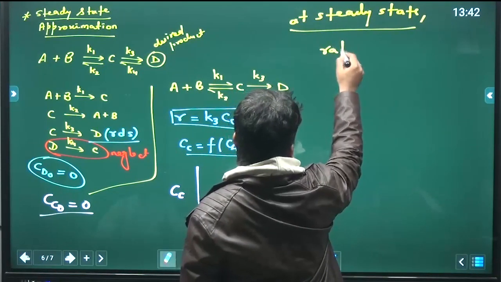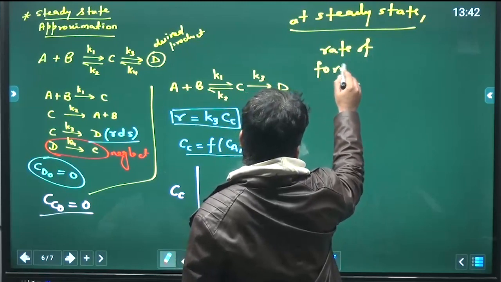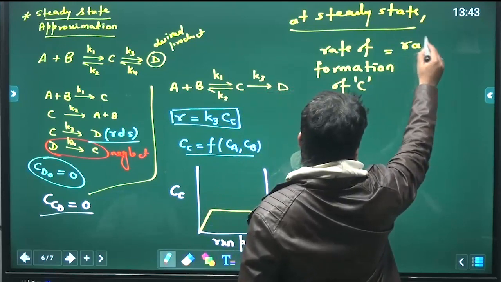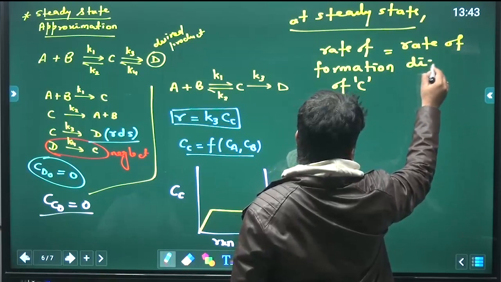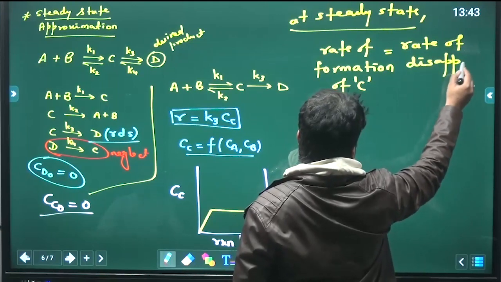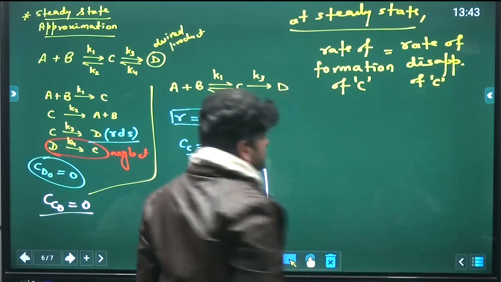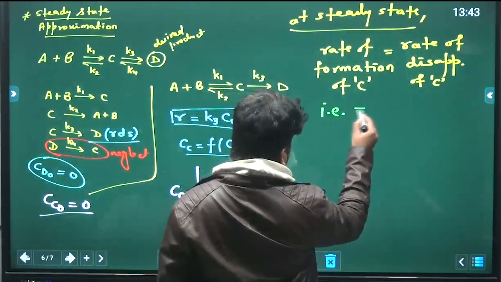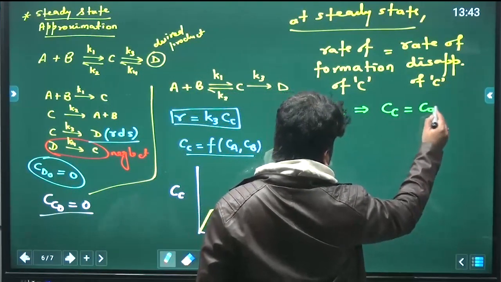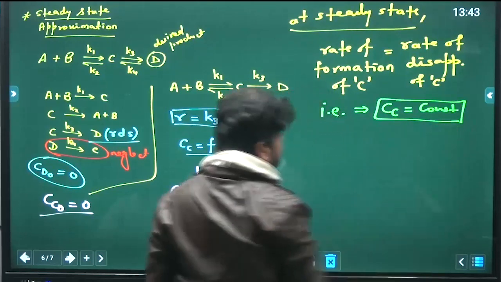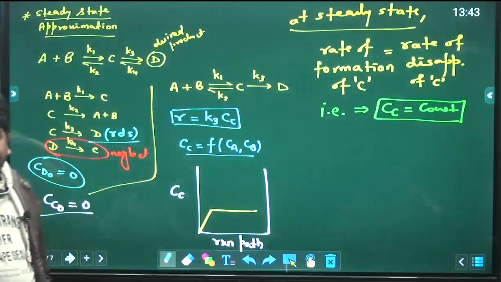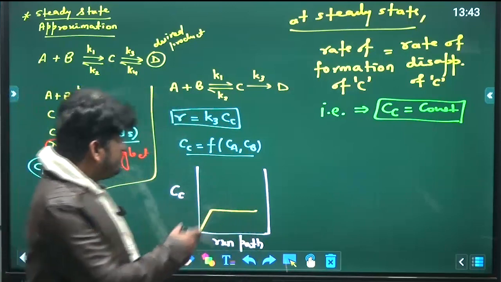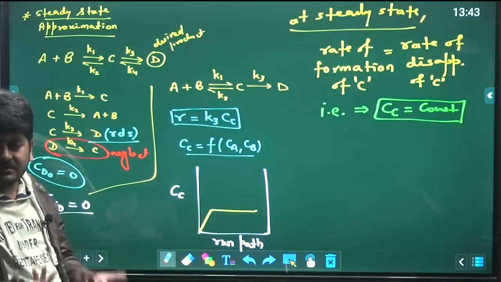At steady state, they say rate of formation of C will be equal to rate of disappearance of C. That means the concentration of C will be constant during the steady state, and as the reaction reaches towards completion, all the A and B is reacted.